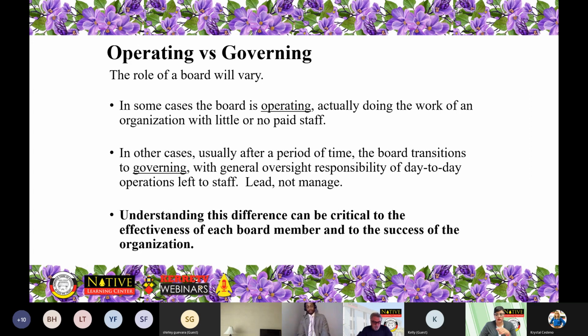That individual, he or she, then becomes responsible for dealing with the staff and the staff functions on a daily basis. And there becomes a very clear distinction between day-to-day operations and the governance of what the board should be doing.